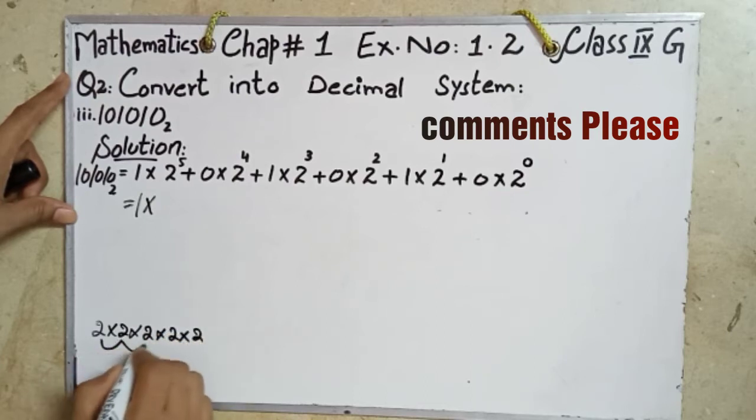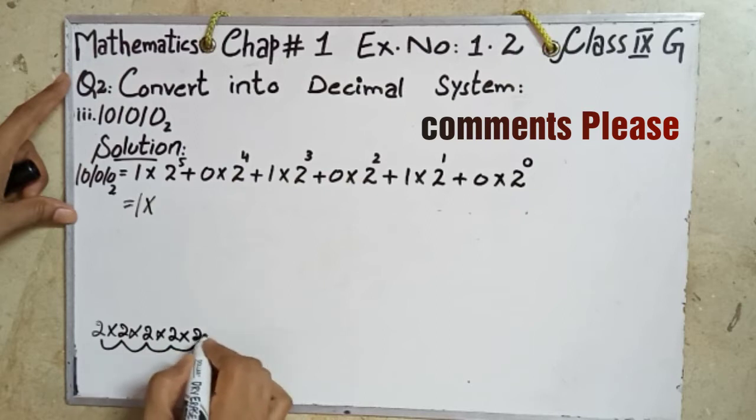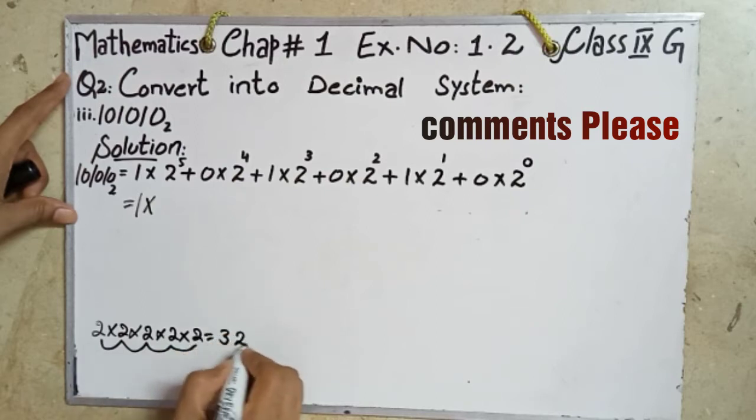2 2s are 4, 4 2s are 8, 8 2s are 16, 16 2s are 32.